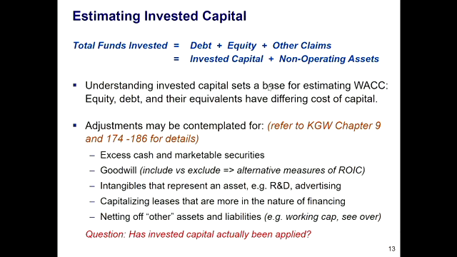The invested capital should be adjusted when you calculate ROIC for your operation, for excess cash and marketable securities. They are non-operating assets. And goodwill is particularly important for companies that have been involved in mergers and acquisitions in the past. They have a huge amount of goodwill, recorded as an asset item on their balance sheet.